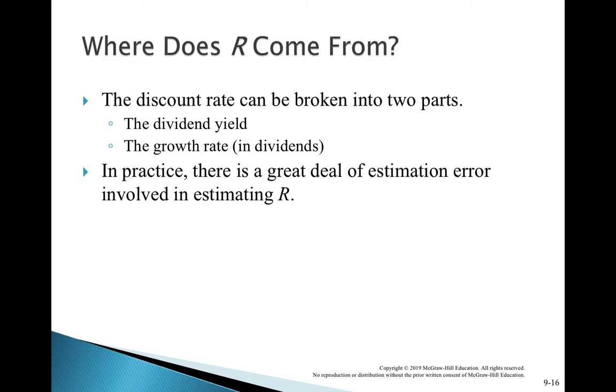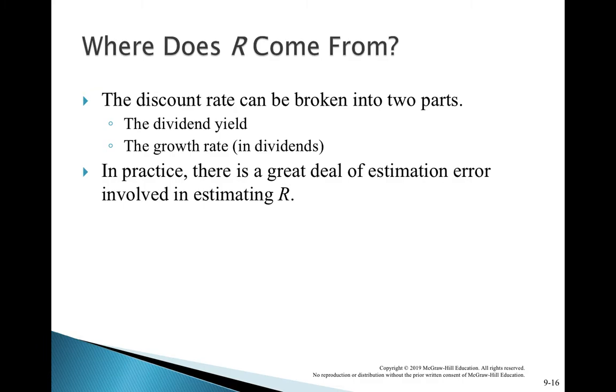In practice, there is a great deal of estimation error involved in estimating R, or cost of capital. Normally, a lot of personal bias also comes in while calculating the cost of capital.